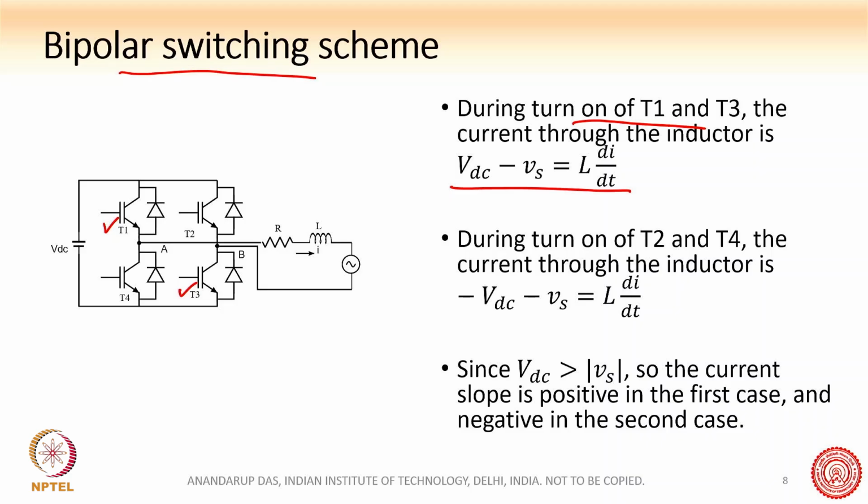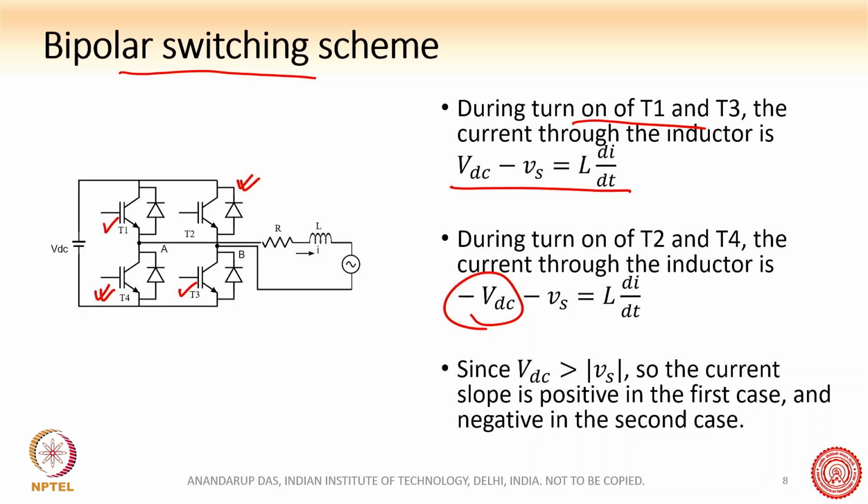But when you want to decrease the current, then you use these two switches, so then you have the minus VDC coming. Again it's a very similar situation. But here you don't use the zero state, you always use the two diagonal switches.